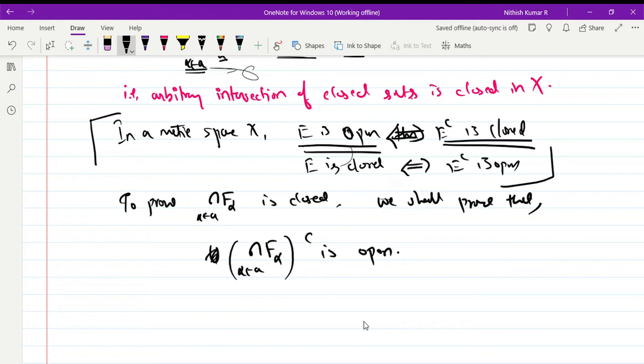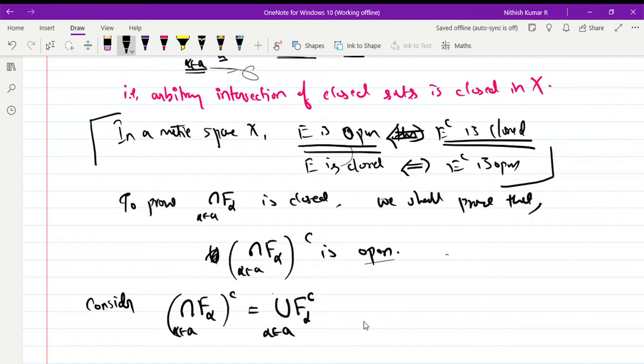Now consider the complement of the intersection of F alpha, alpha belongs to A. Using the set theory property, this is nothing but the union of F alpha complement, alpha belongs to A.